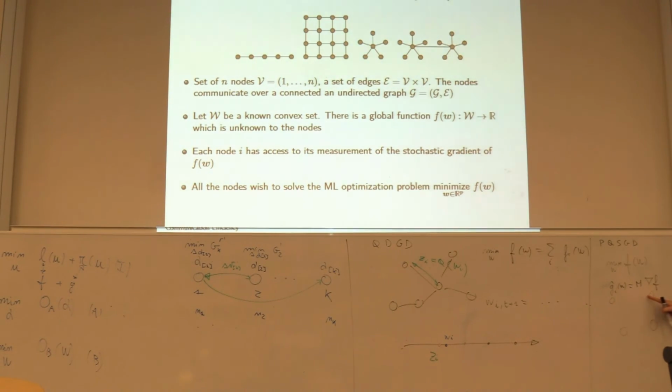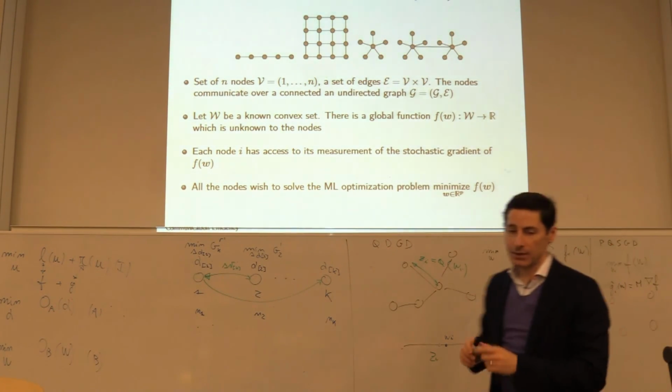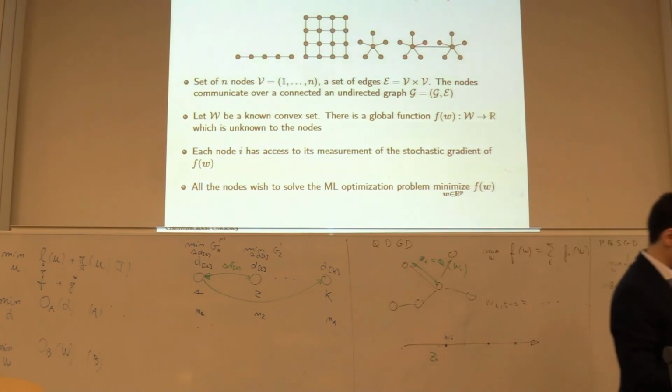So every node does a stochastic measurement of the gradient, and it will exchange a quantized version of such a measurement. All the nodes have access to some stochastic measurement about this common function. And this is the setup that this third paper is exploring.